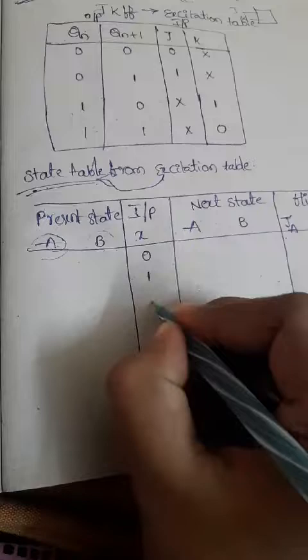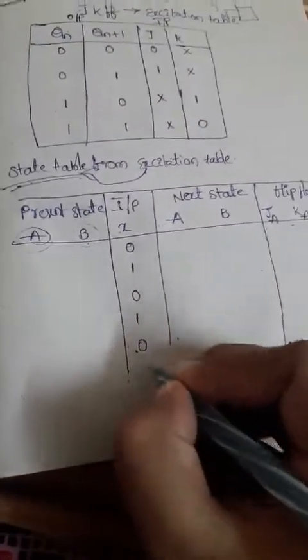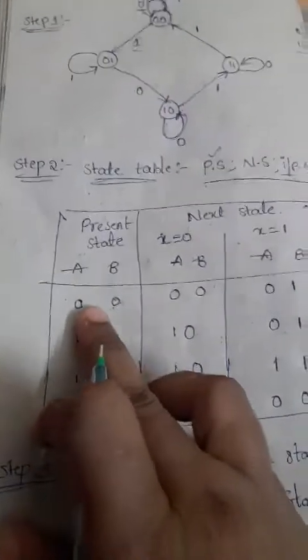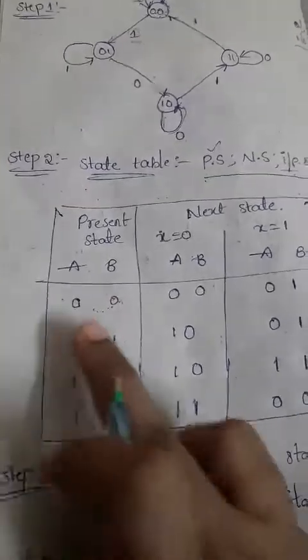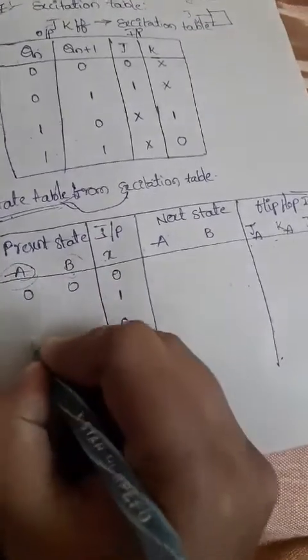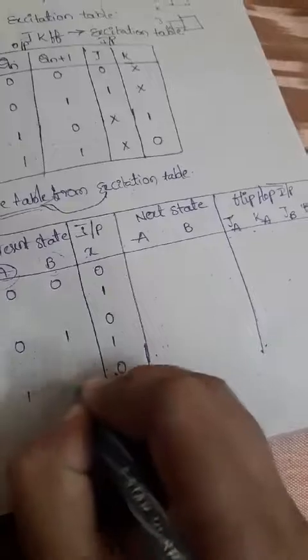Now we will find out the state values. For a single input we have 2 variables, either 0 or 1. Present state: how many present states do we have? 1, 2, 3, 4. Each one consists of 2 combinations, so totally 4 combinations: 0 0, 0 1, 1 0, 1 1.